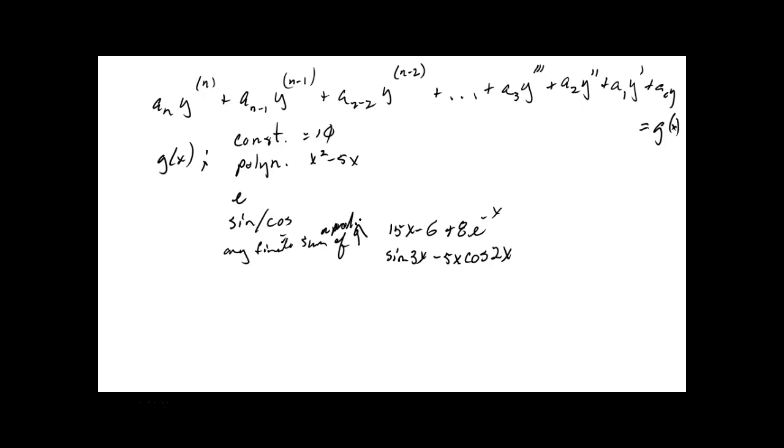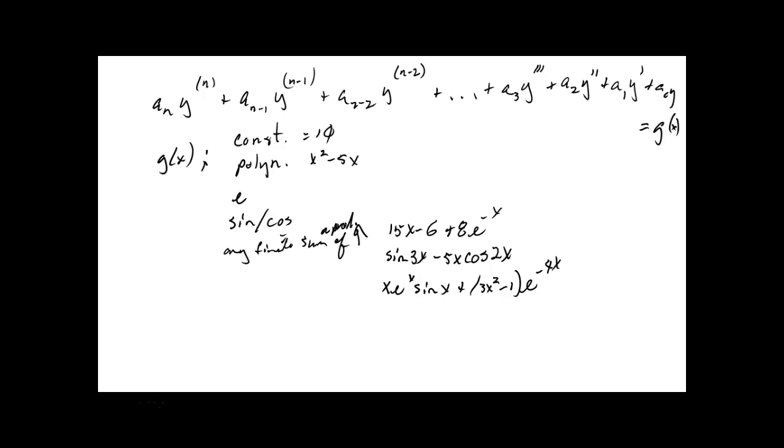And then another g of x could be x e to the x sine x plus 3x squared minus 1 times e to the minus 4x. Boy, you're getting complicated here, but it's perfectly fine.